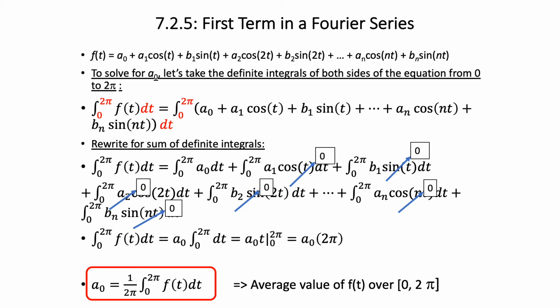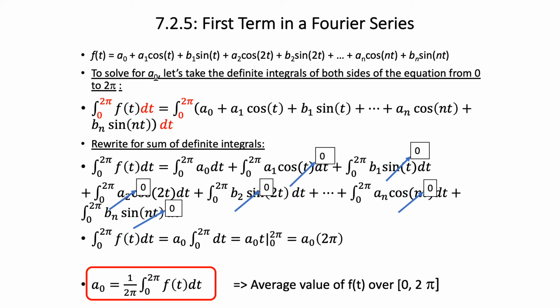We rewrite it as a sum of definite integrals for each term and apply integral equations 1 and 2 that we derived from the previous slide, and it leaves us only the integral of f(t) dt equal to a naught times the integral of dt, which equals a naught times 2 pi.